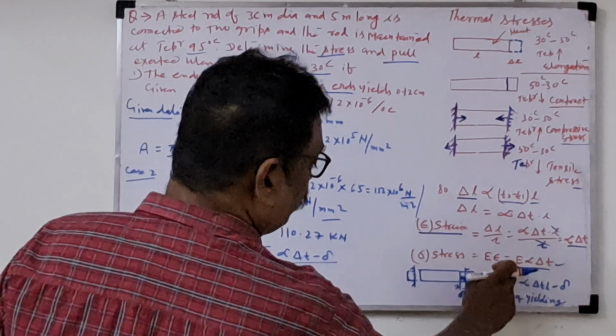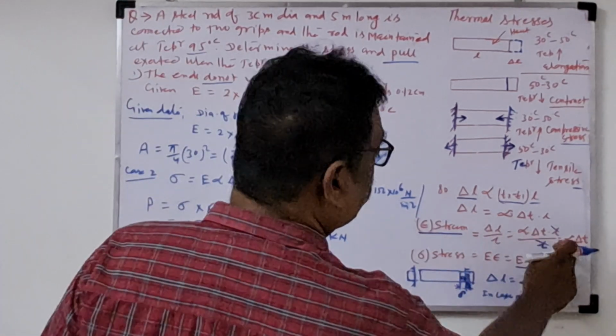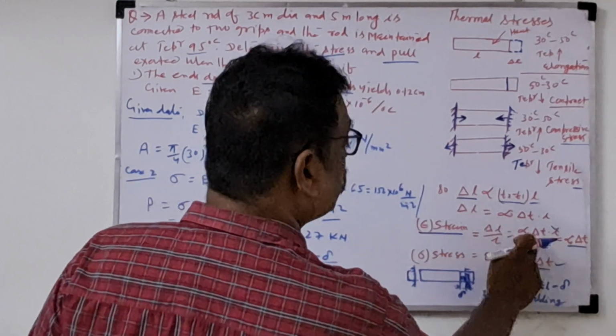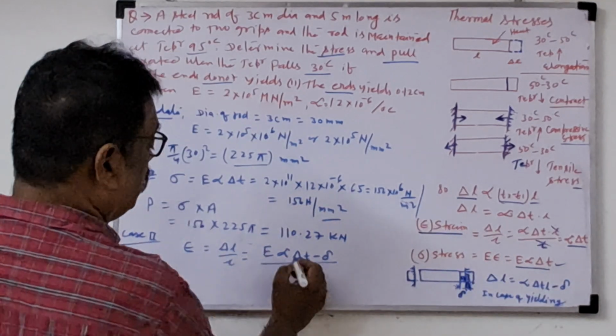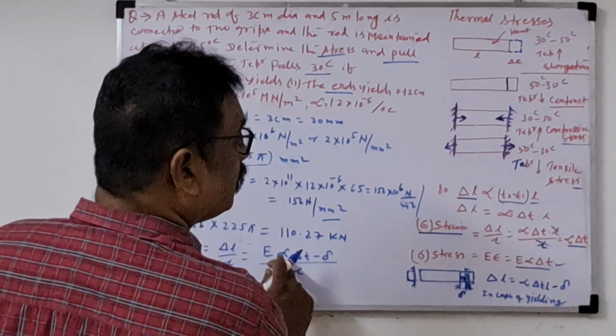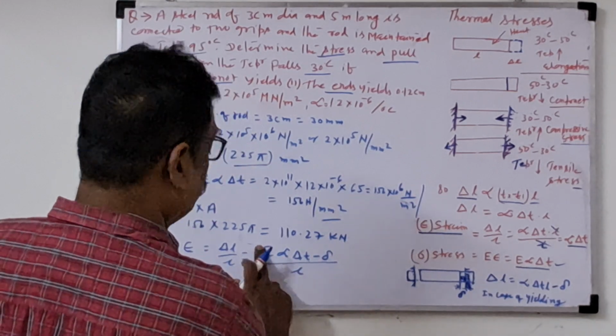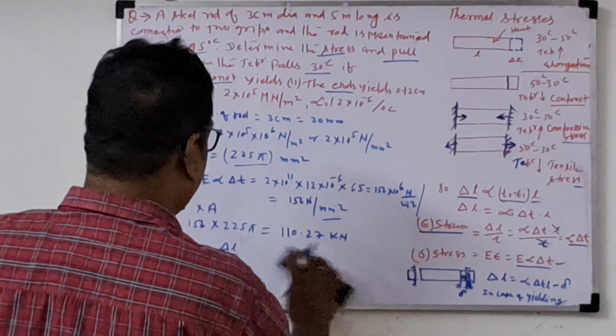So okay, what was strain? Change in length, E alpha T into L. Just one minute. So change in length, the same thing we will write here.